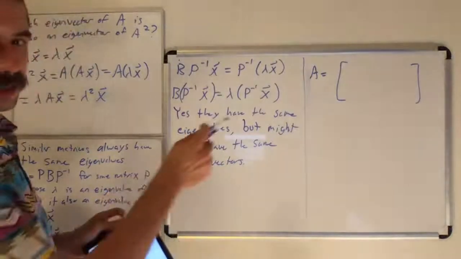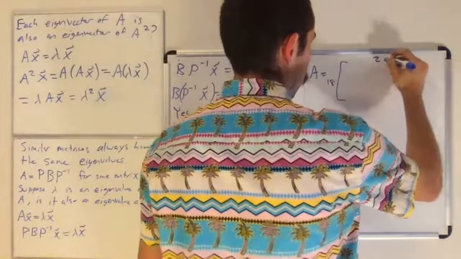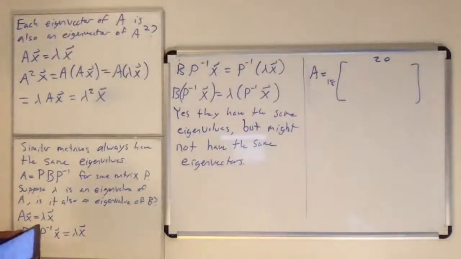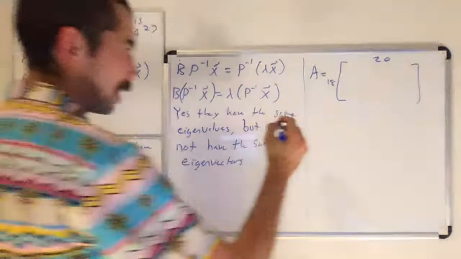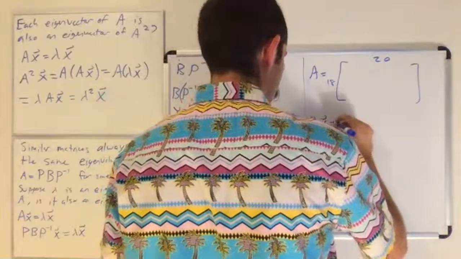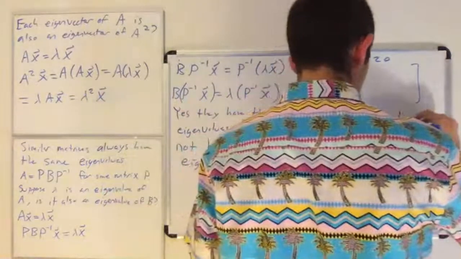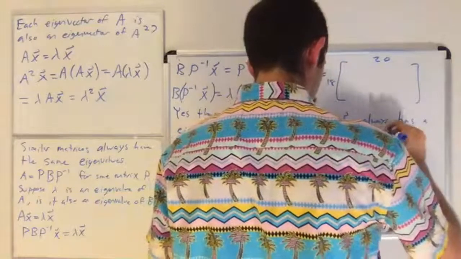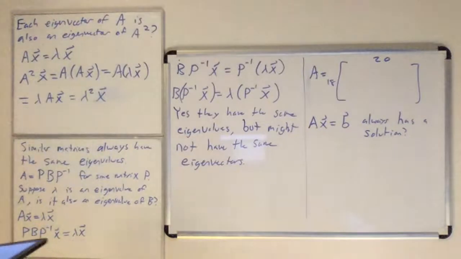We have 18 equations, so there are 18 rows and 20 columns, because there are 20 variables. The question is, how do we guarantee that AX equals B always has a solution? Right, that's really what the question is asking. Does anybody have any ideas?